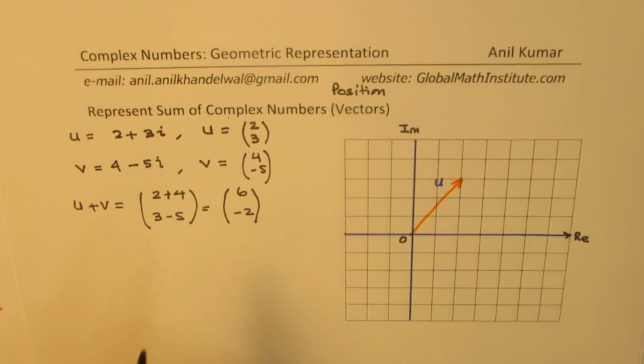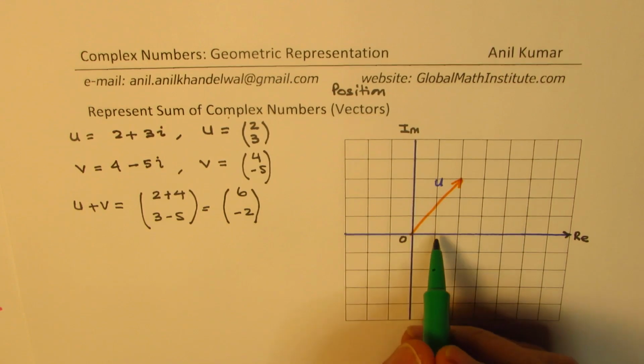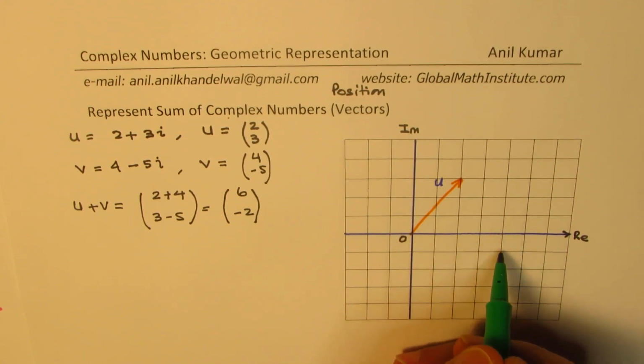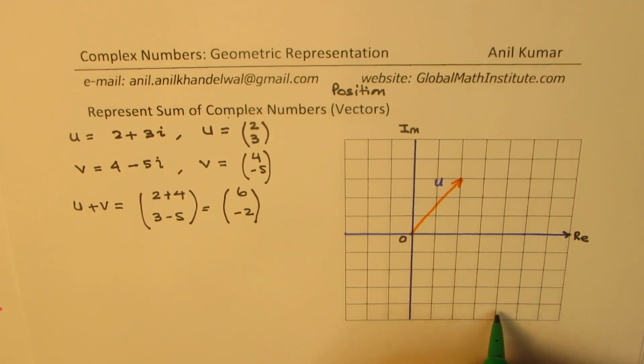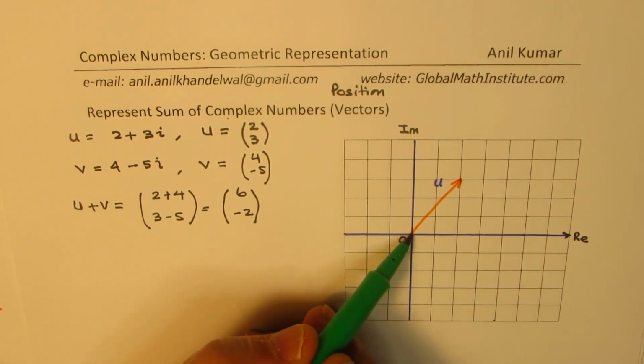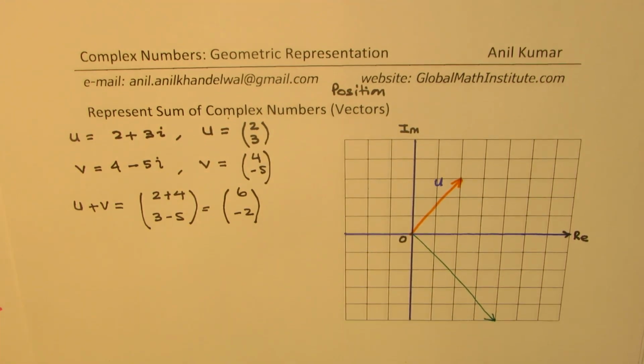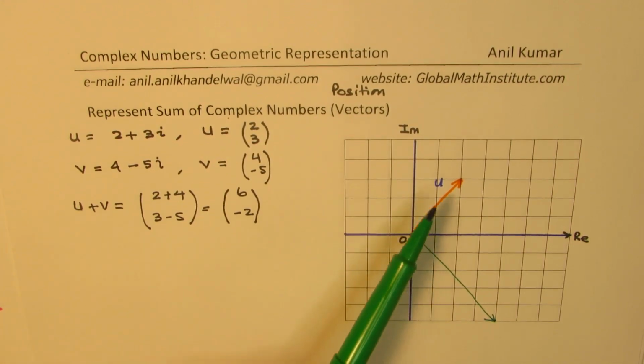So now, the vector v, which is 4, minus 5, will be 1, 2, 3, 4, and 1, 2, 3, 4, 5, right? So the position vector will be from the origin to this point. Now to get the resultant, we try to complete the parallelogram.